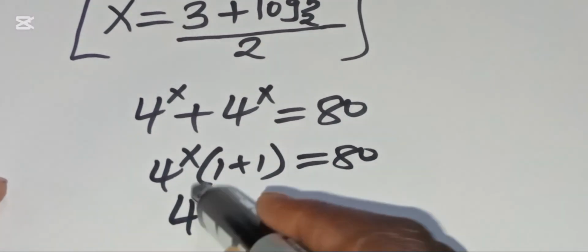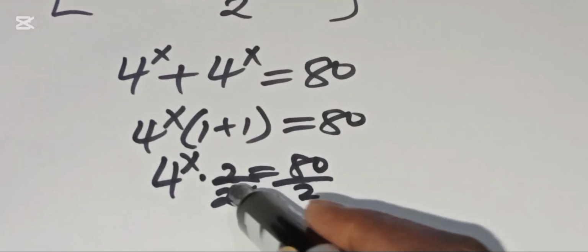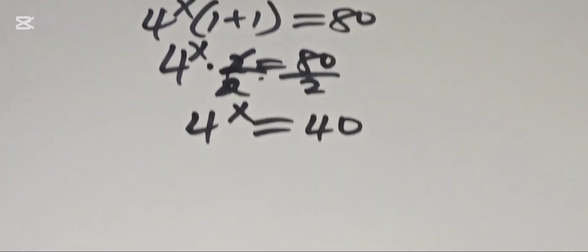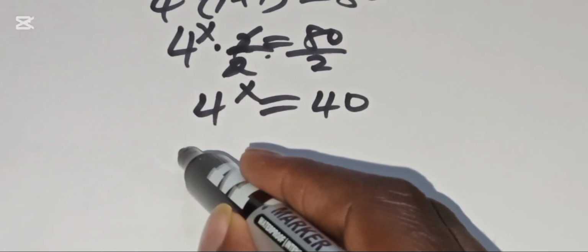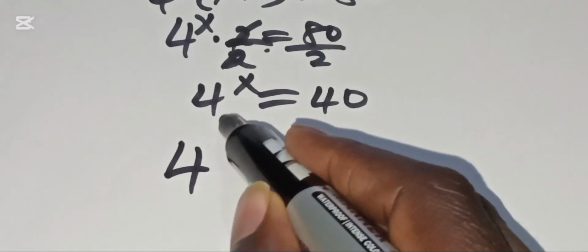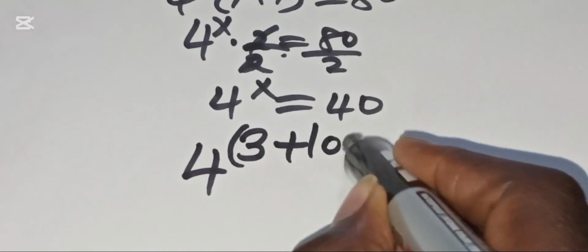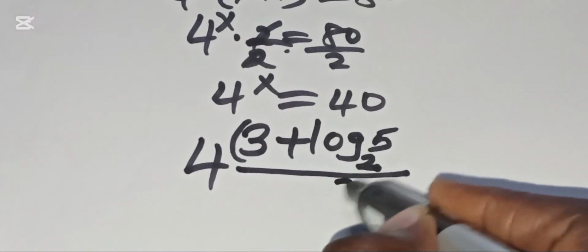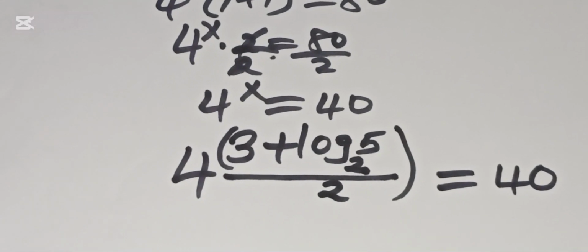And we simplify this, so that we have that 4 raised to power x is equal to 40. So we substitute the value of x. We're going to have 4 raised to power 3 plus log 5 to base 2 divided by 2. This is supposed to give us a value of 40.